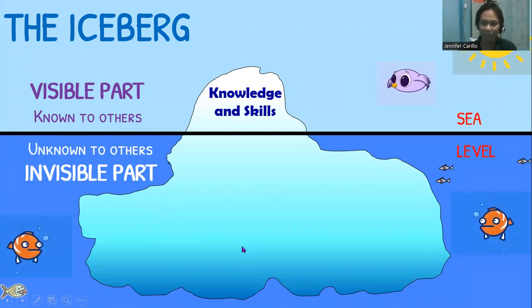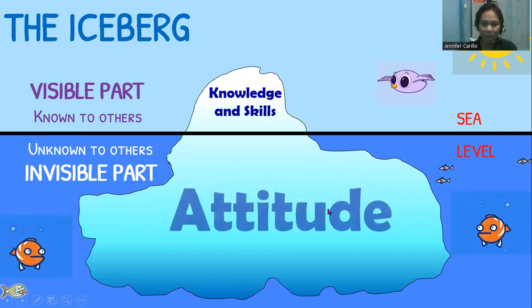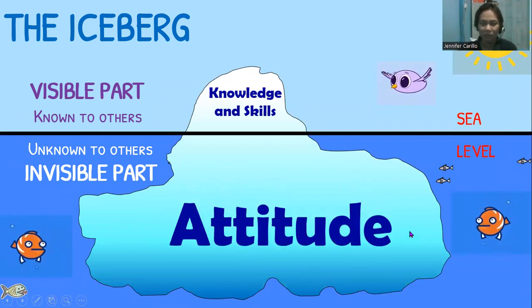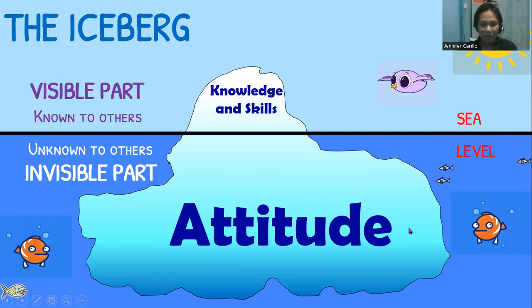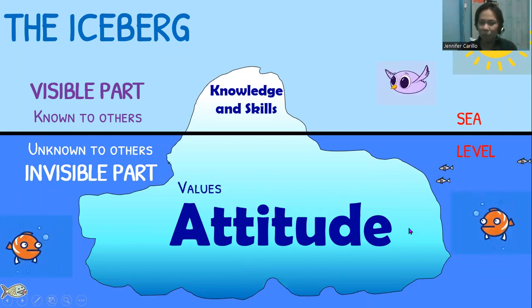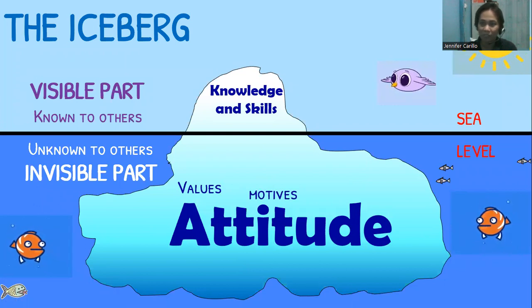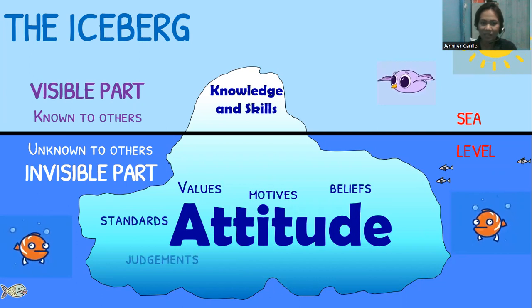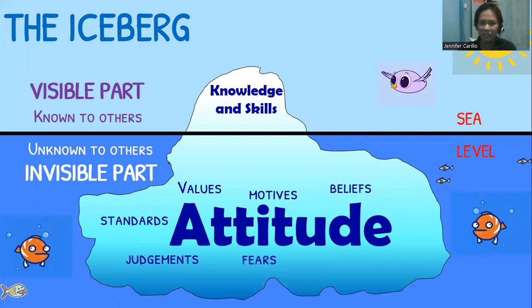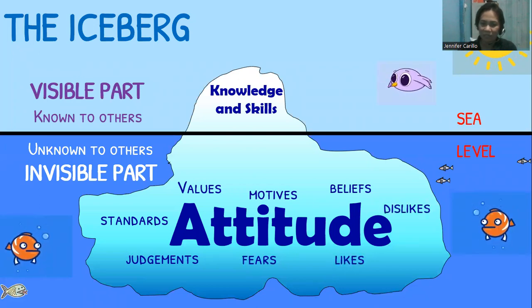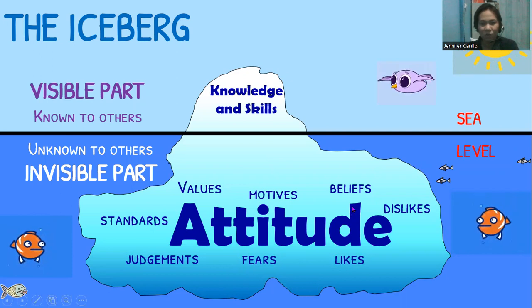This is 90% of who we are, and that is attitude. Attitude is composed of the values we develop, motives, desires, beliefs, standards, judgments, philosophies, fears, likes, interests, and dislikes.